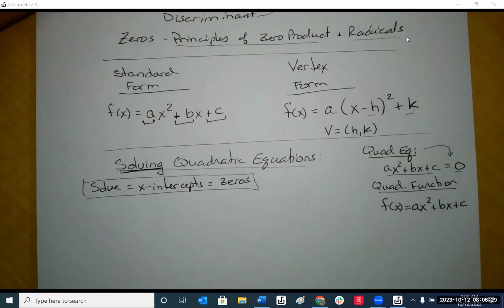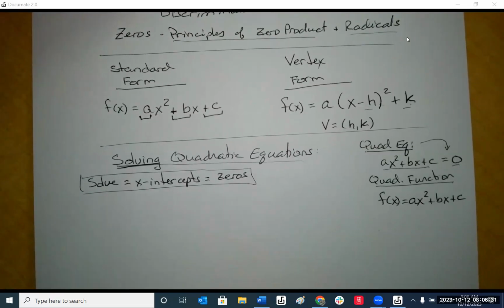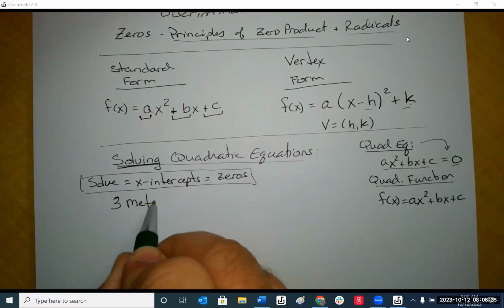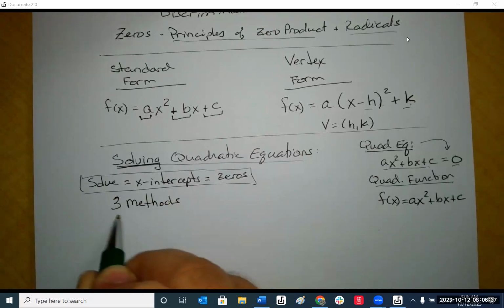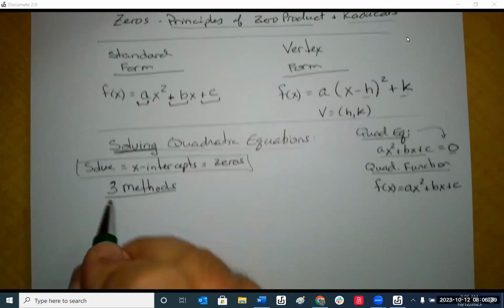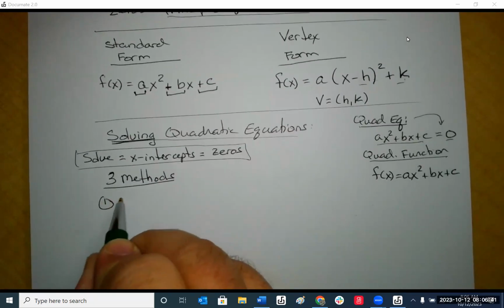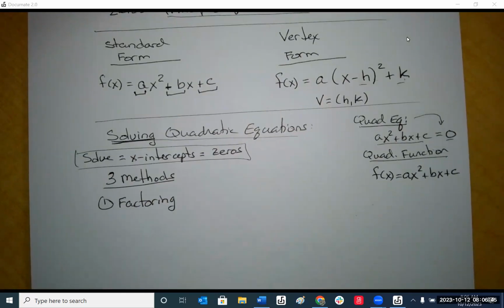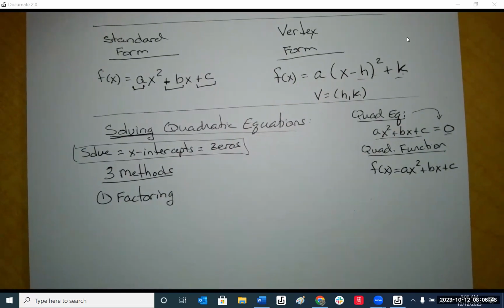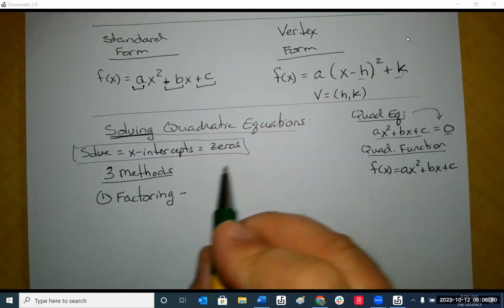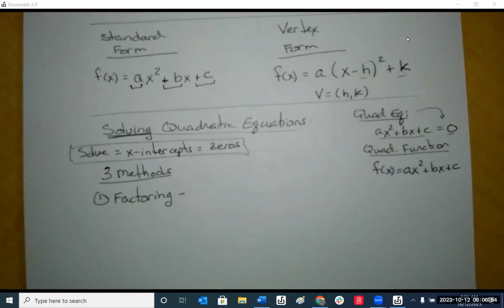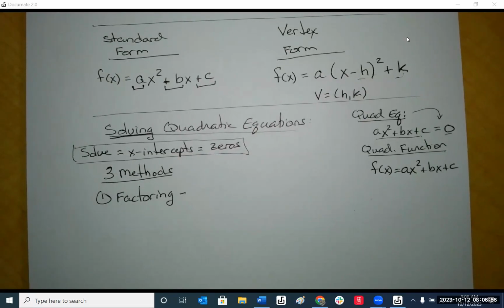There are three ways we can solve a quadratic equation. Three methods. The first method is by factoring. Factoring is when you take a bigger equation and break it down to its smaller pieces.